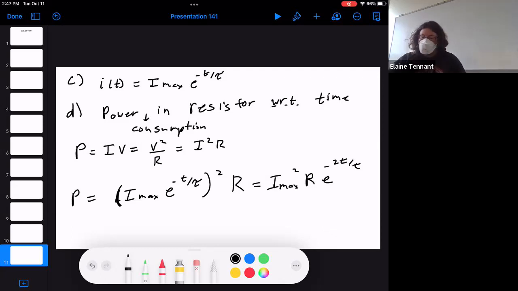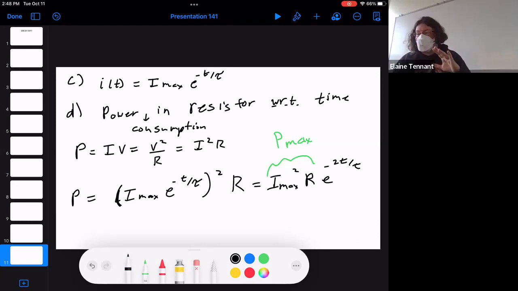Okay. You should kind of see that this is like the maximum power that's going to be consumed by that resistor. So that's the power that resistor is eating right when you turn it on. But over time, that's going to die off as the current dies off. But this problem wanted to talk about the energy, not the power.